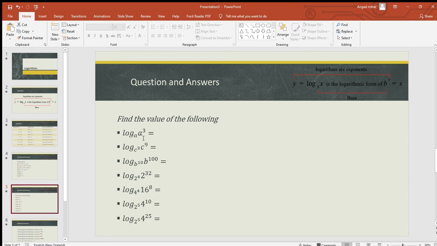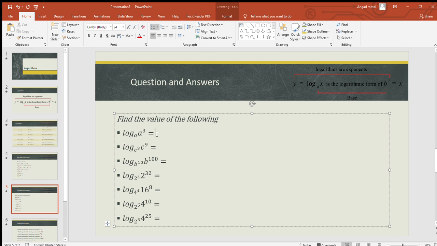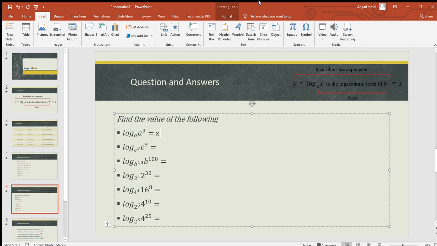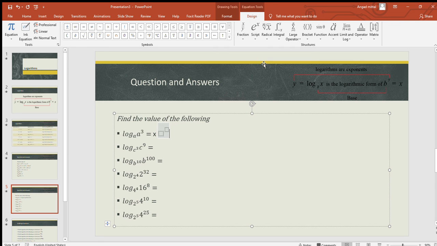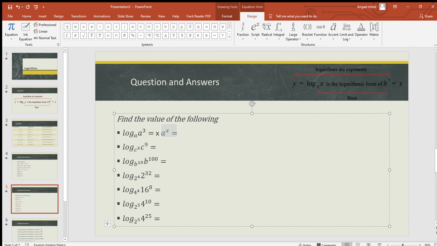Now, as I said before, you will take the unknown value as x because it's unknown. You can take any alphabetical value, but I personally prefer x. So, now you will convert it into exponential form, and the exponential form will be nothing but a raised to the power x is equal to a cubed.